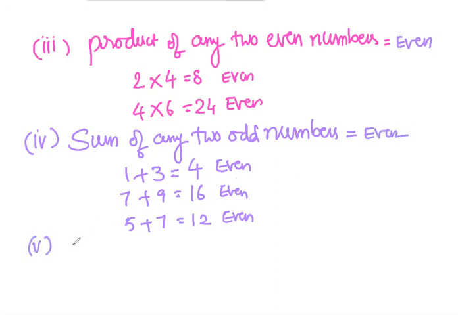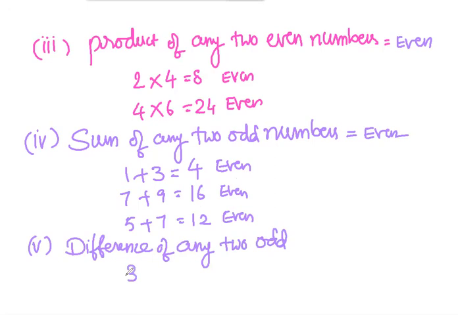Now the difference of any two odd numbers. 3 minus 1 is 2, 9 minus 7 is 2. This is an even number.